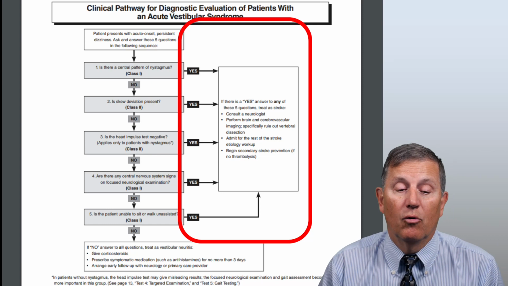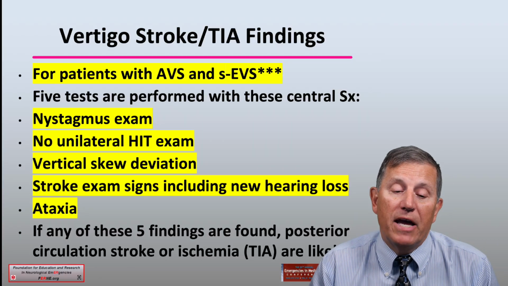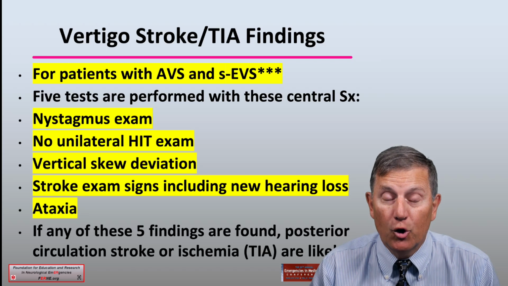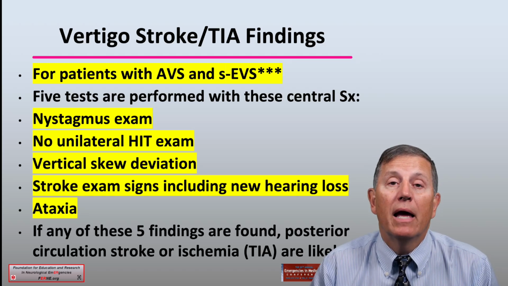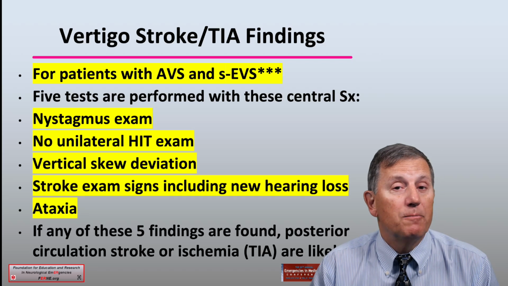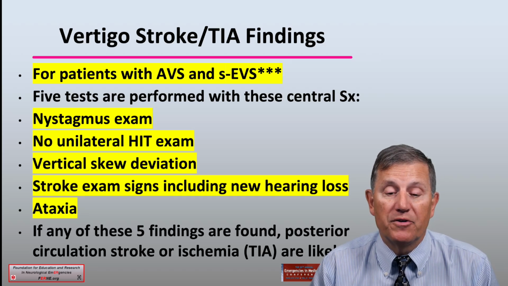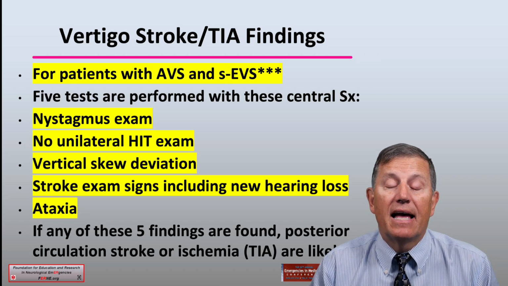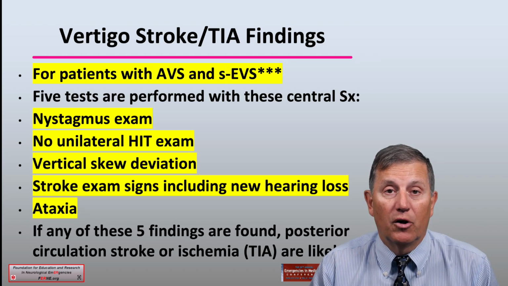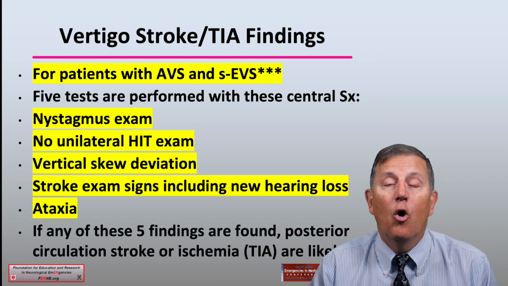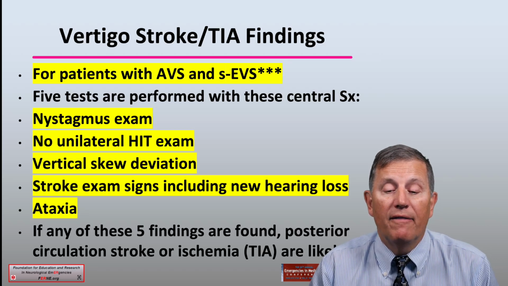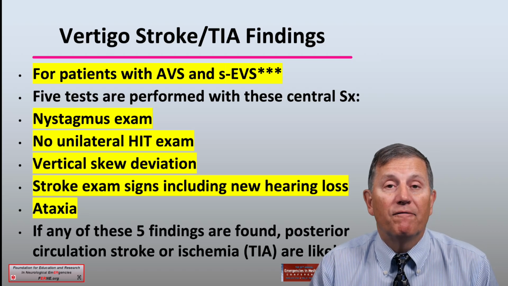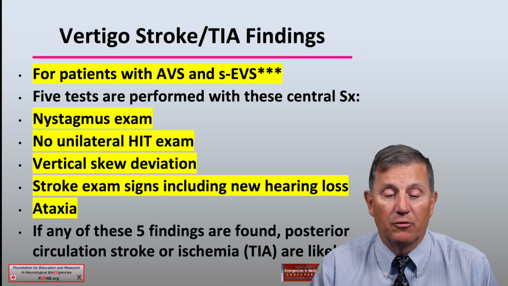Because patients with acute vestibular syndrome could have a posterior circulation stroke, and because patients with spontaneous episodic vestibular syndrome can have a posterior circulation TIA, it is essential that for all patients with either continuous vertigo presenting at the time of evaluation or for those with episodic vertigo, we perform 5 physical exam tests specifically to evaluate possible central causes.